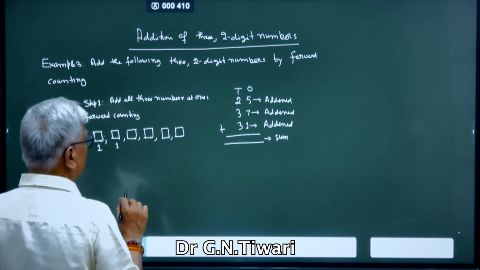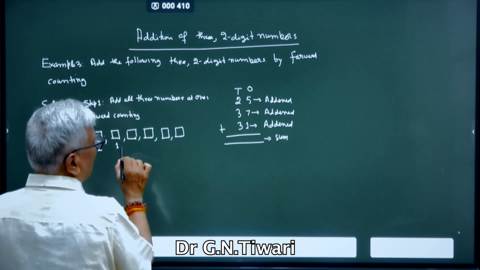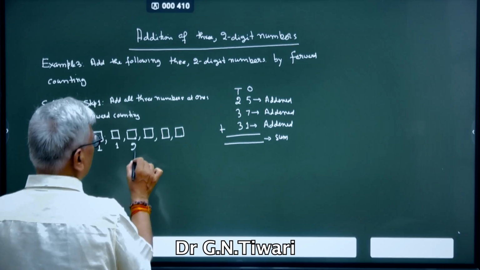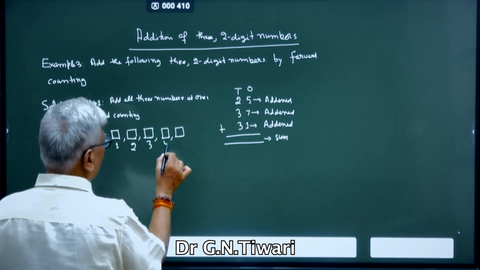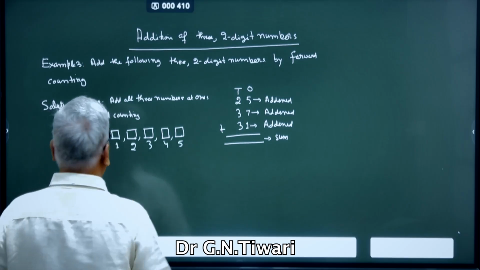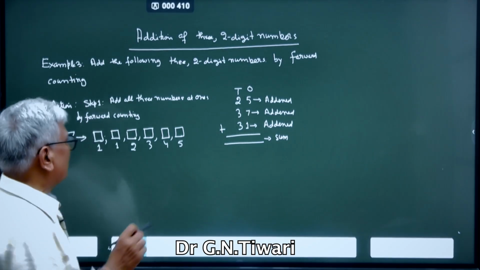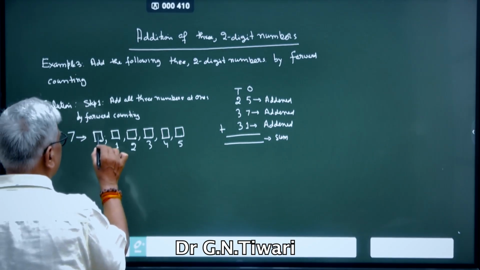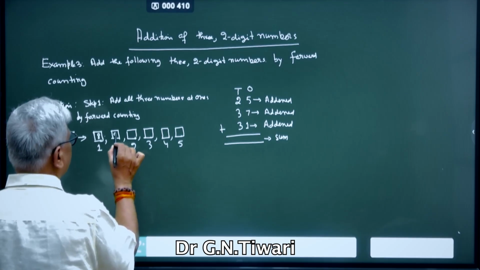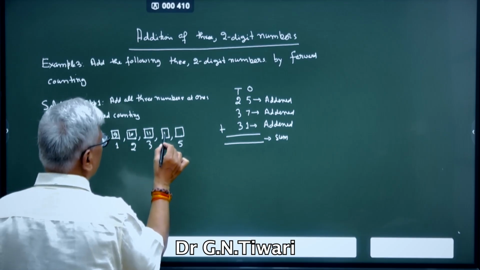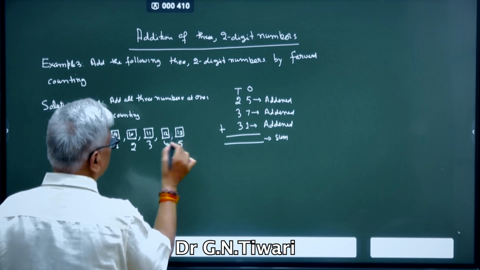For convenience, you say 1, 2, 3, 4, 5. But counting after 7, it will be 8, 9, 10, 11, 12 and 13.